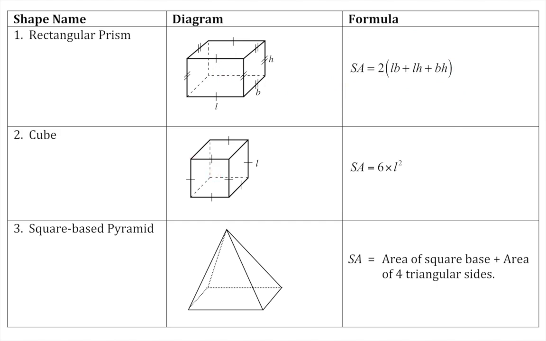A cube has 6 squares that are exactly the same length. Whether I use L for length or S for side length or X, it doesn't matter. It's 6 times the side length squared, because the area of one of the squares is, in this case, L squared. When you see a square-based pyramid, you've got a square on the bottom and 4 triangles, and you just find the area of all of those 5 shapes and add them up.